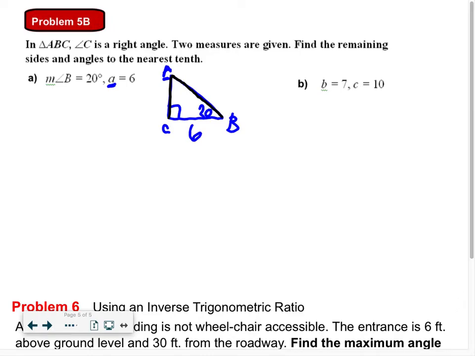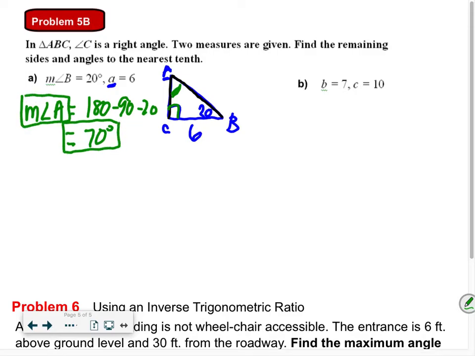What we are trying to do is find angle measures and sides, everything that we're missing. If we remember our geometry, to find angle A, triangles add up to 180 degrees. I know two of my angles, so I'm just going to take 180 minus the right angle, 90, minus my 20 degrees, and I get angle A to be 70 degrees.